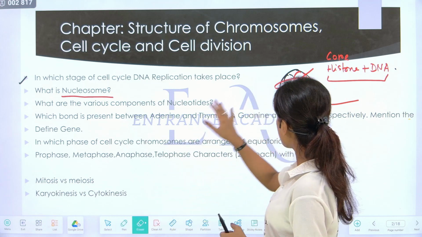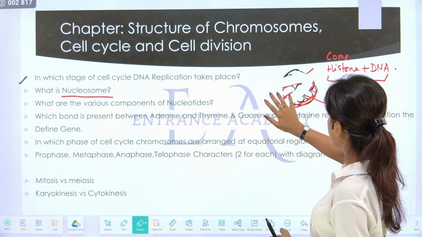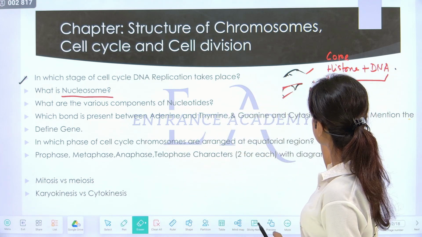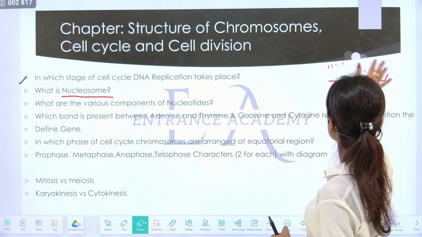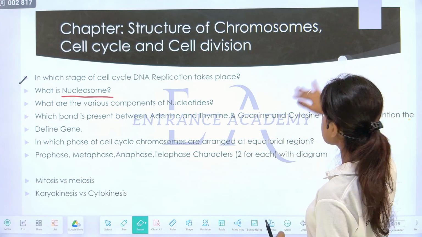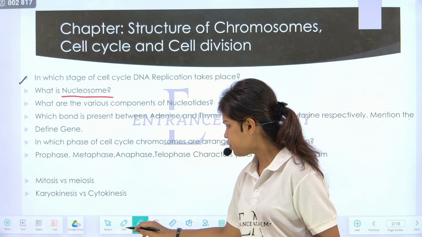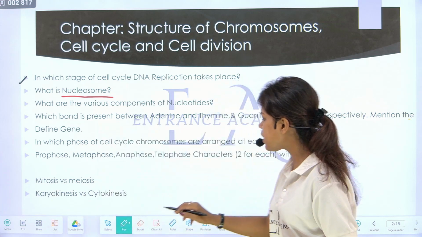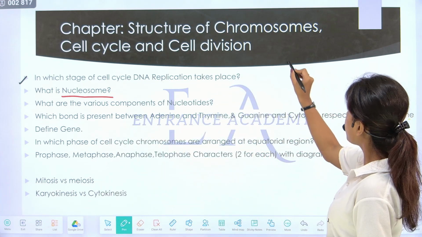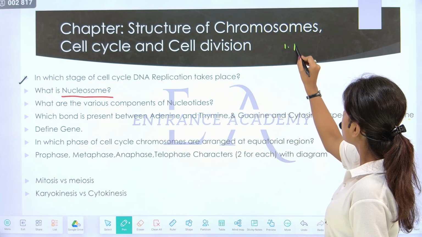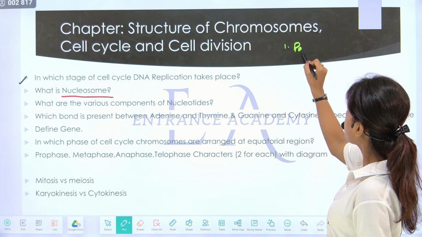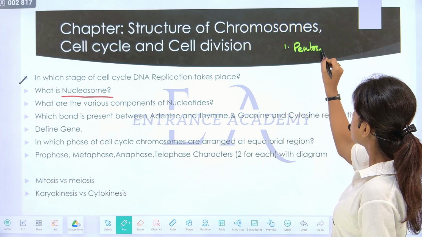First of all, you have to know what is nucleotide. Nucleotides are the unit of nucleic acid, that is DNA or RNA. You know it. So, there are three components of a nucleotide. First, one pentose sugar.